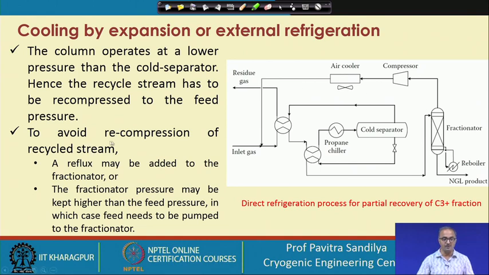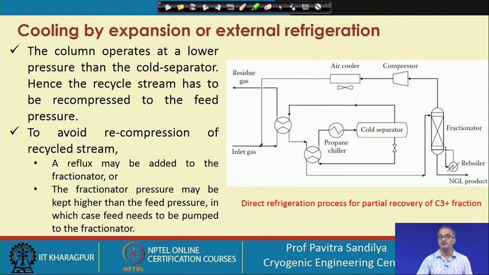And to avoid recompression of the recycle stream, a reflux may be added to the fractionator, or the fractionator pressure may be kept higher than the feed pressure, in which case the feed needs to be pumped to the fractionator. Now, each extra piece of equipment or extra operation will incur cost.